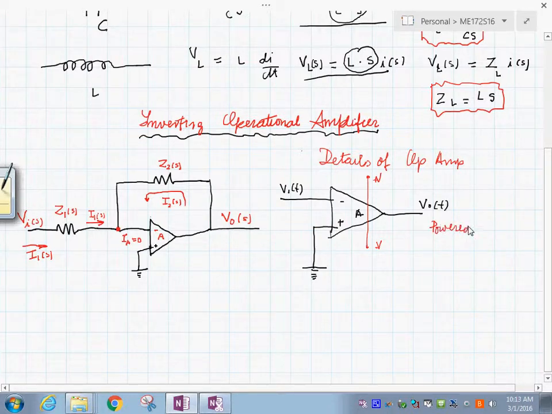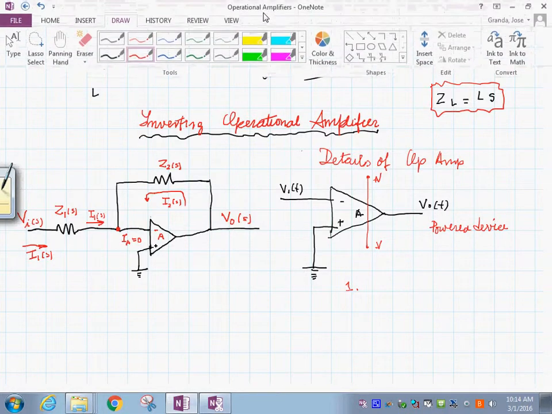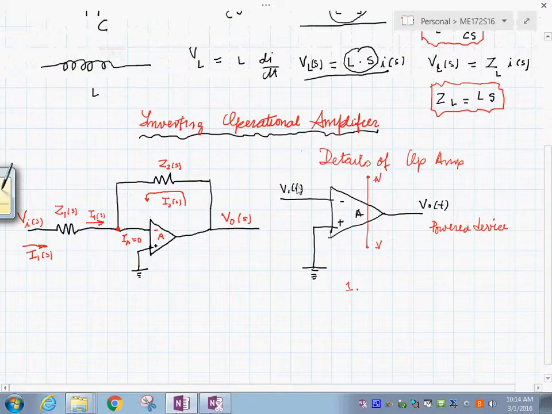That V sub 1 minus V sub 2 is the differential input. This is the input to this. Okay. The second characteristic of this thing is that it has a high input impedance.